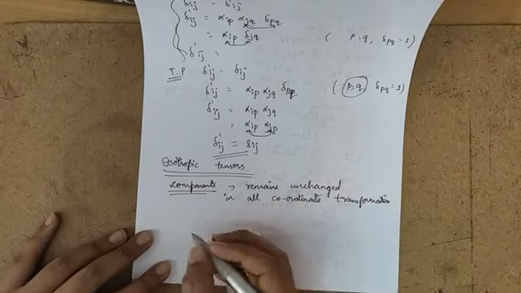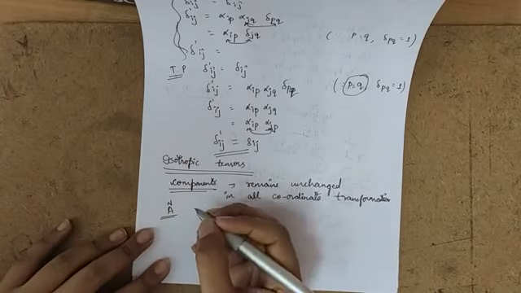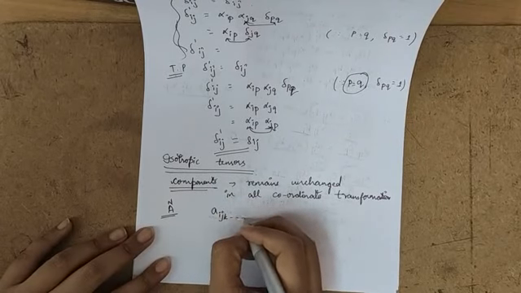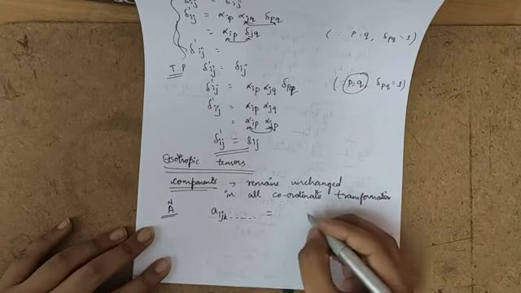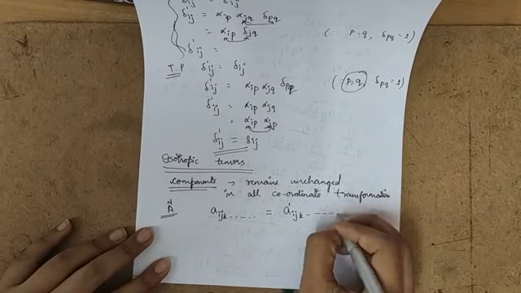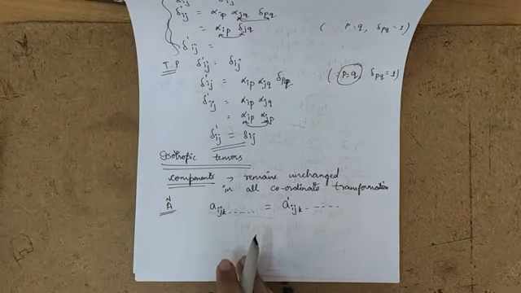That means if I consider an nth order tensor, a higher order tensor, then the components in the x_i system should be equal to the components in the x_i prime system. This is nothing but an isotropic tensor.